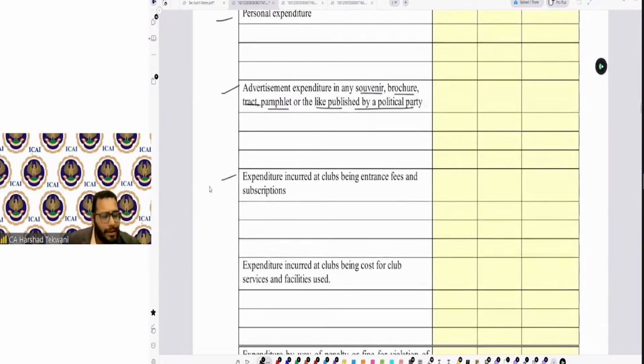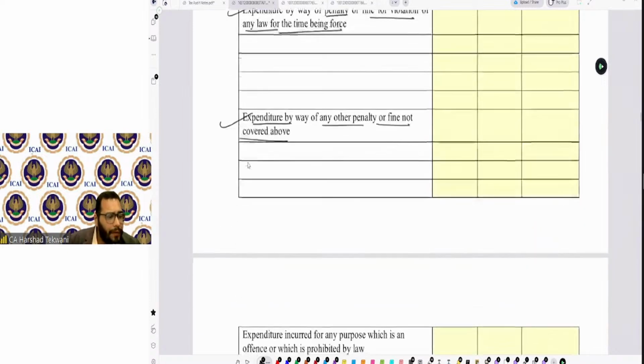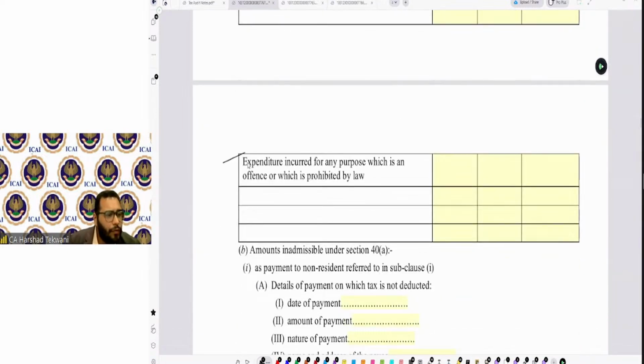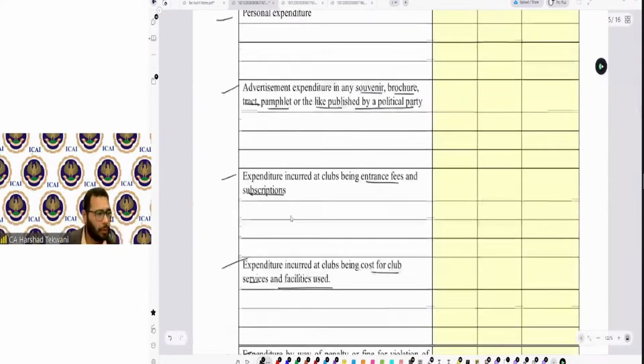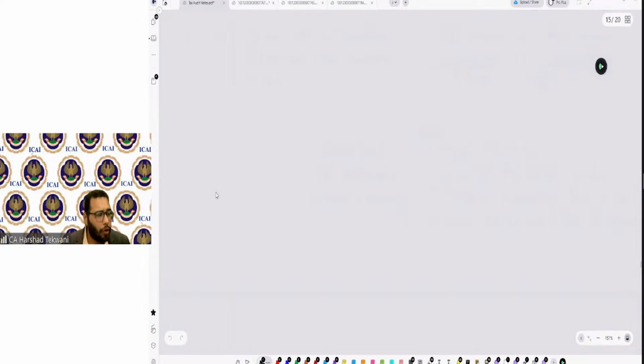Expenditure incurred at clubs being entrance fees and subscriptions. Expenditure incurred at clubs being the cost for the club services and facilities used. Then we have expenditure by way of penalty or fine for violation of any law for the time being in force. Expenditure by way of any other penalty or fine not covered above. And we have expenditure incurred for any purpose which is an offence or which is prohibited by law. So various amounts debited to profit and loss account, that is clause 21A.